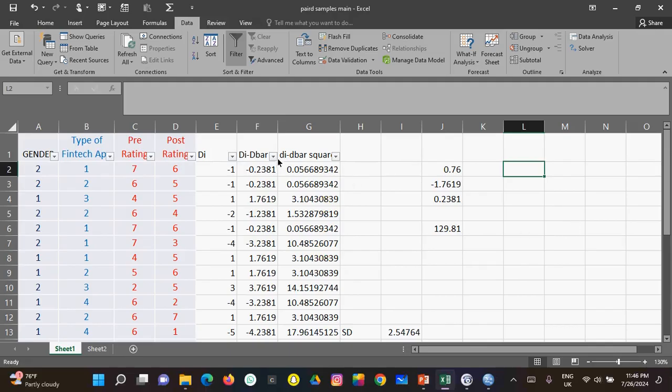And now DI minus D bar squared. I just did it one by one so I squared them. In squaring, you can choose equal to this DI minus D bar. Then you press shift and 6, which brings this sign, which means you are squaring. So when you bring 2 here, it means you are squaring. So enter, and you get the square of this. That's what I have in here.